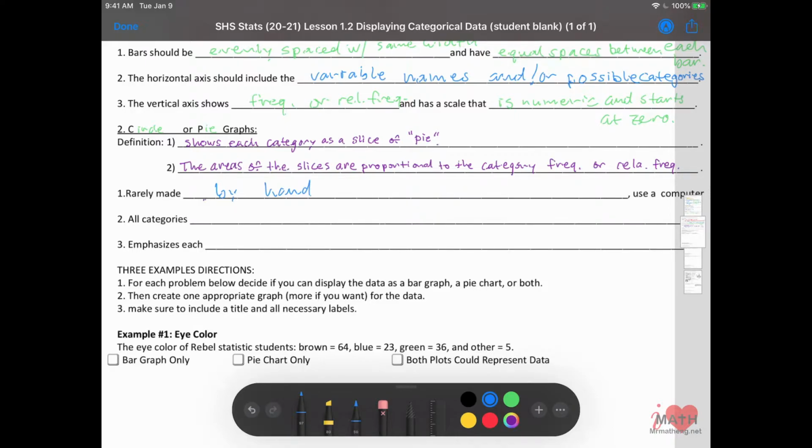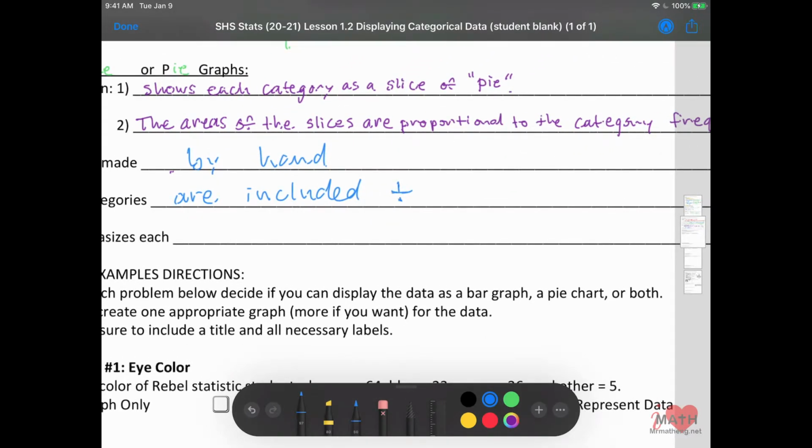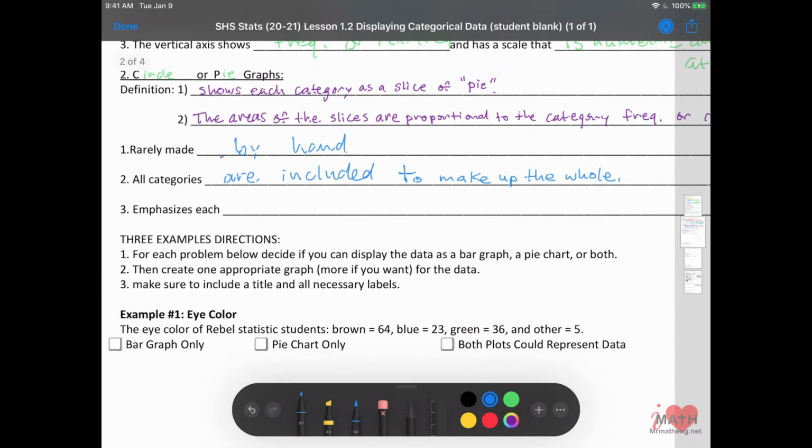All categories are included to make up the whole, and it emphasizes each category's relation to the whole.